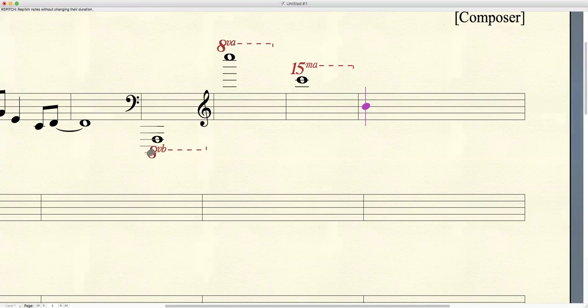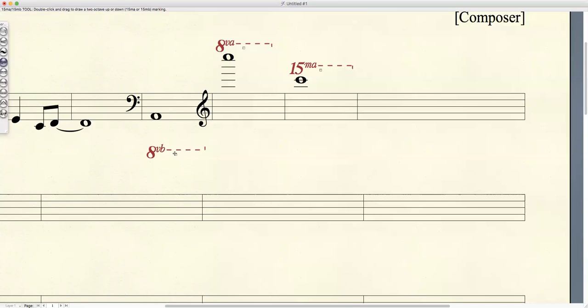Likewise, for the octave below, if I wanted to, I could do this and get rid of that, and instead use the 15MB to go below. So that was different ways of playing the same pitch at the very bottom of the piano.